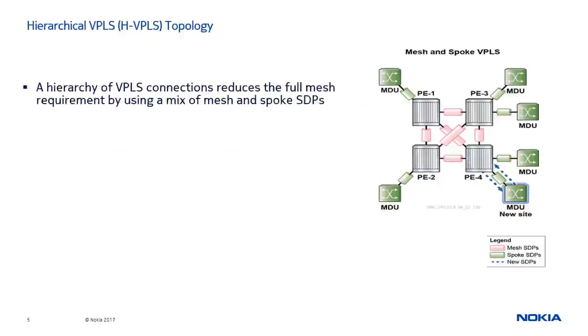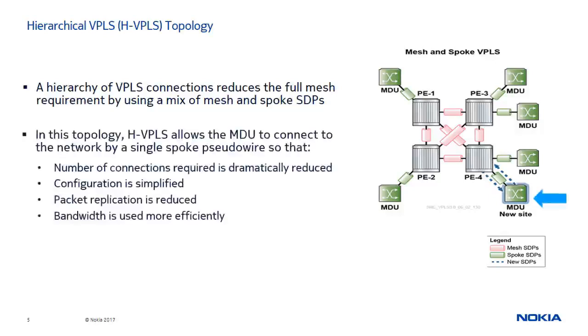Hierarchical VPLS reduces the full mesh requirement by using a mixture of mesh and spoke SDPs. This diagram illustrates that adding a new site in a hierarchical VPLS environment requires some configuration on the local PE router, but does not require any signaling of the other PE routers or MDU devices.